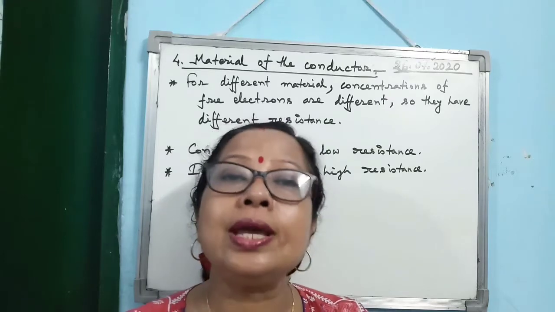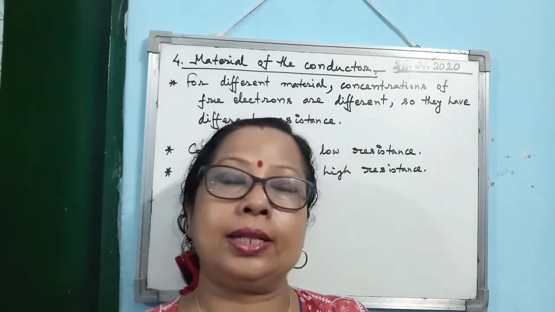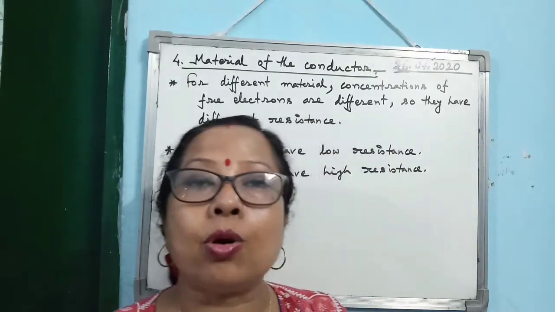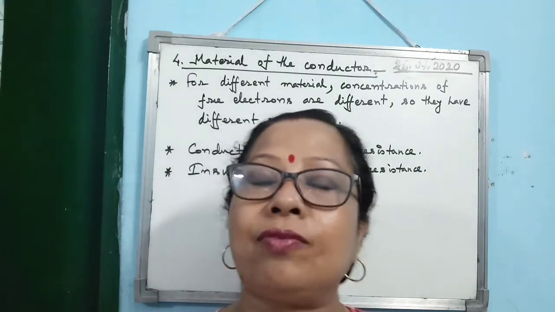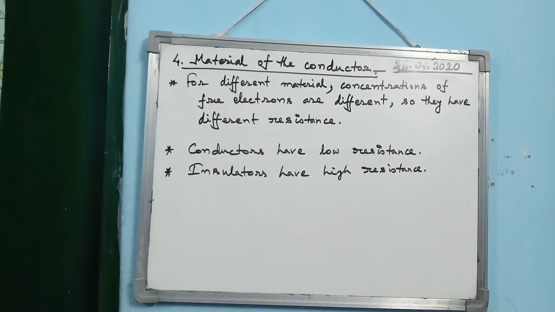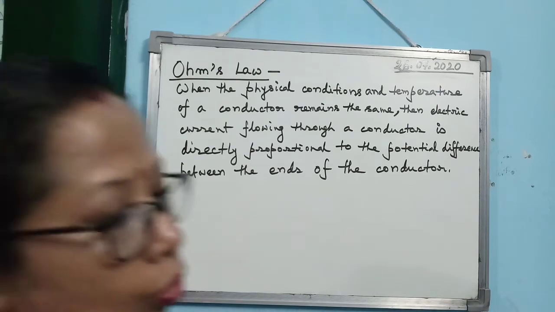Now we have to find out the relation between them, the connection between them. How can you get the connection between all these terms we have learned till now? From Ohm's law. Okay. So we have to know about Ohm's law. What is the statement of Ohm's law?